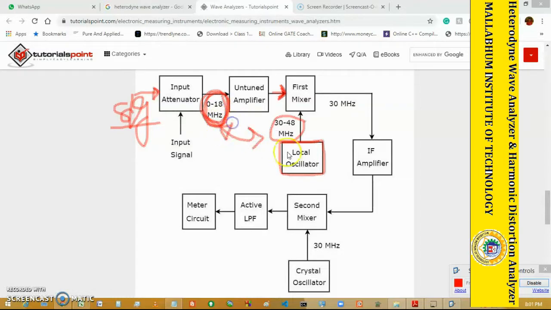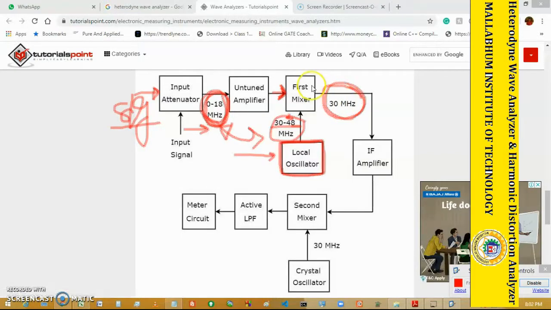The local oscillator frequency range is from 30 to 48 megahertz, and depending on the input signal frequency, that frequency is selected. If the input signal is 18 megahertz, then the local oscillator frequency must be set to 48 megahertz, so that we can get the fixed 30 megahertz output signal. That is the main aim of our mixing circuit.